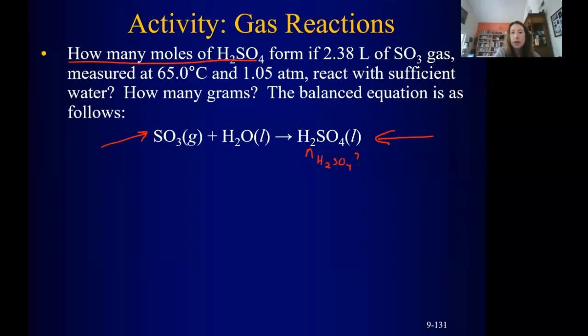If 2.38 liters of SO3, and then we have a temperature, 65 degrees Celsius, and we have a pressure, 1.05 atmosphere. And we also want grams of H2SO4.